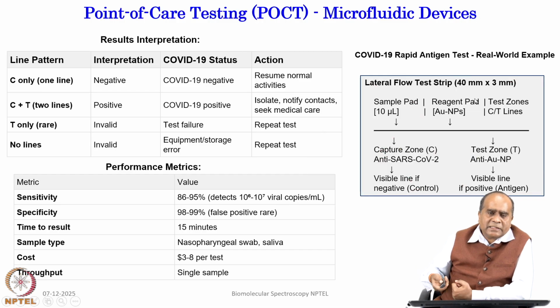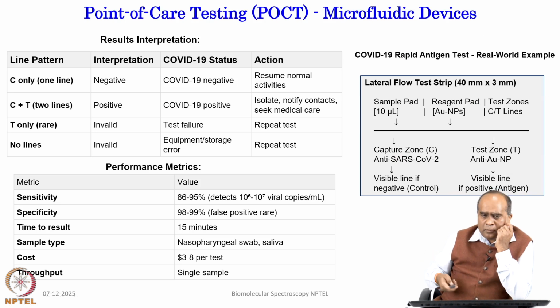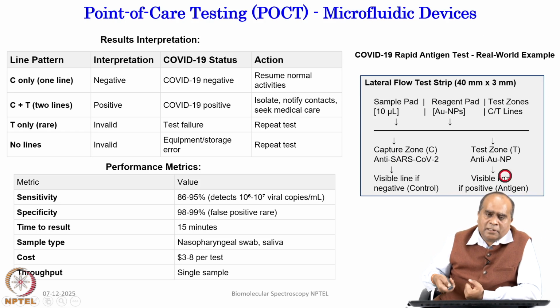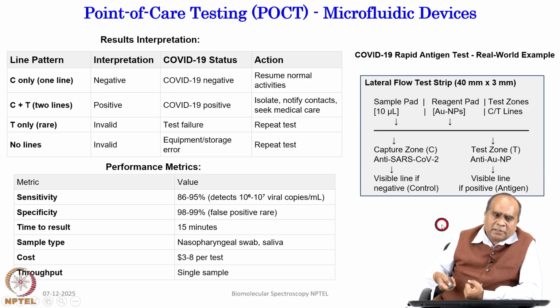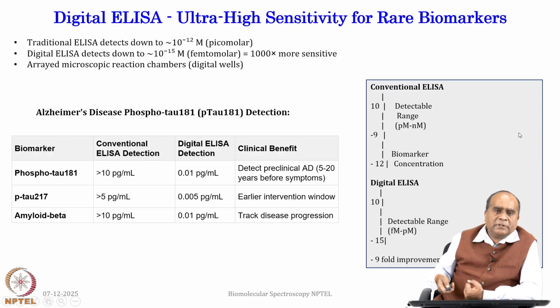So, with the lateral flow assay, you are taking that nasal swab, putting it in solution, and putting it on a lateral flow assay. By looking at the lines, you say whether somebody is positive or not. So, that is a very cheap and high throughput detection device.